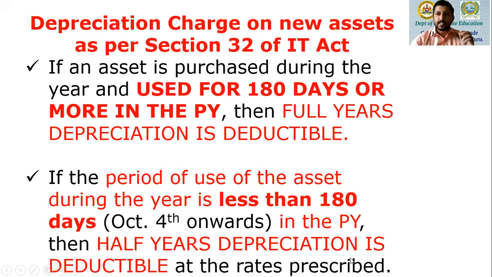If the business purchases an asset on 4th of October or any day thereafter in the previous year, definitely the number of days the asset may be used will be less than 180 days. So half year's depreciation will be charged. Whatever is the rate of depreciation on that block of asset, half of it will be levied. So even if we purchase an asset, let's say on 1st of March, and use it only for 31 days, since it is less than 180 days, half year's depreciation will be levied.